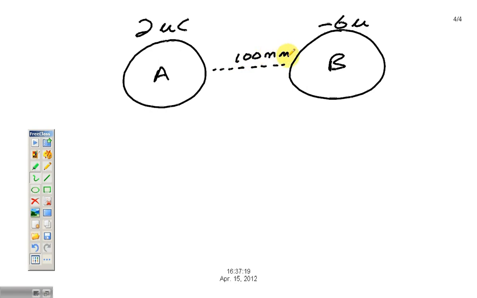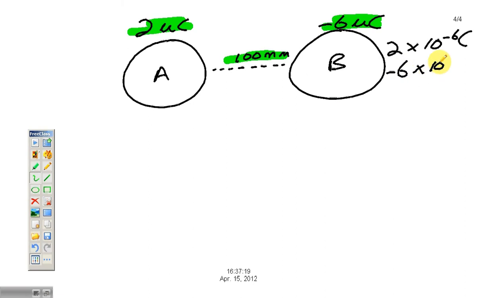The first thing that we do is write these amounts into their standard SI units. So 2 microcoulombs is 2 times 10 to the -6 coulombs, and -6 times 10 to the -6 coulombs is Q2, and R is equal to 0,1 meters. So now we've got them in the SI units.